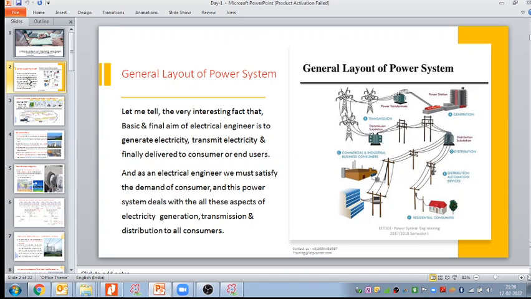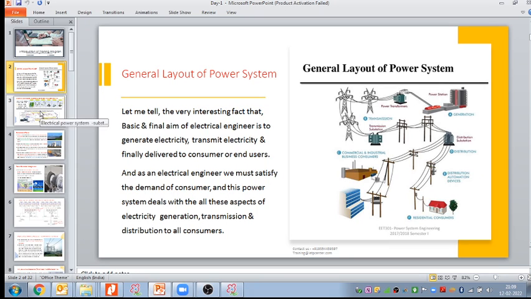As an electrical engineer, we must satisfy the demand of the consumer. This power system deals with all these aspects of electricity generation, transmission, and distribution finally to the consumers. So that we have the electrical power system.